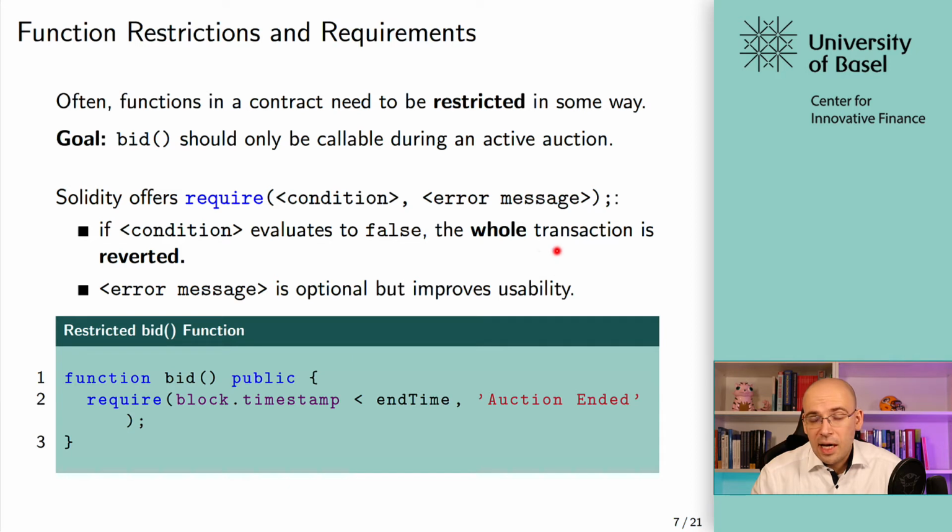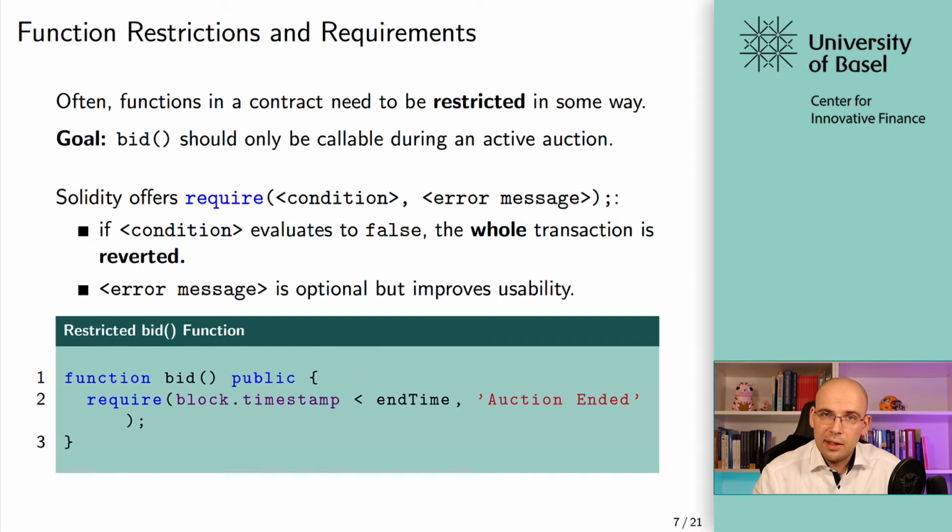What's important to understand, and this will also be really important later on when we're looking at DeFi, in particular when we're looking at flash loans, is a concept you must understand in case something goes wrong. When the condition evaluates to false, the whole transaction will be reverted.